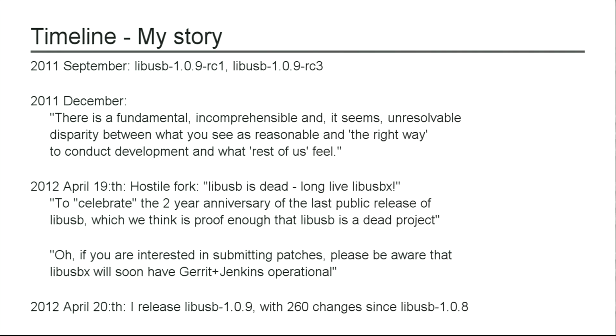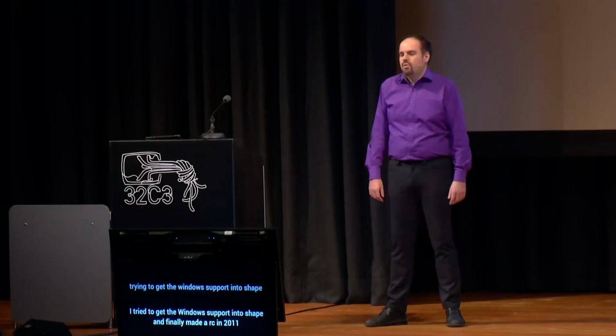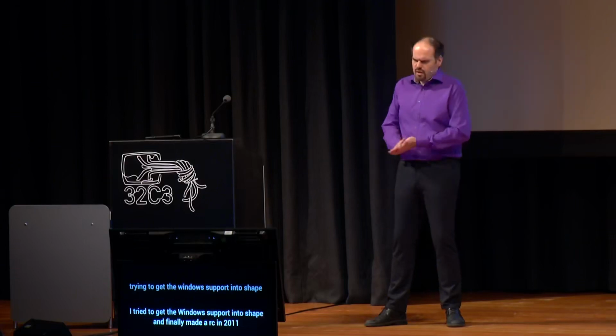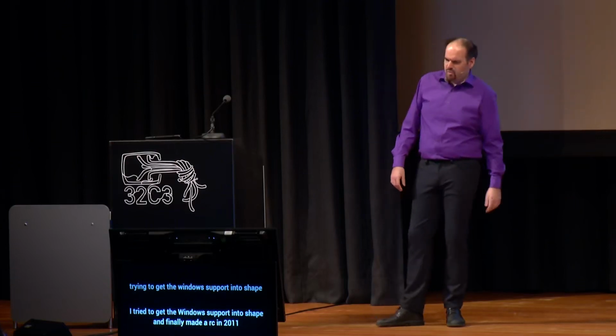And then a few months later, there was one person on the mailing list, somebody else, who wrote this: "fundamental, incomprehensible, and it seems unresolvable disparity between what you see as reasonable and the right way to conduct development and what the rest of us feel."